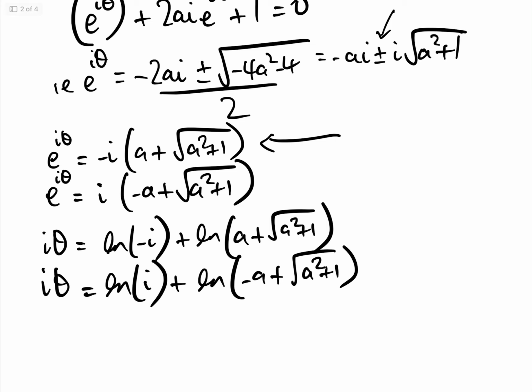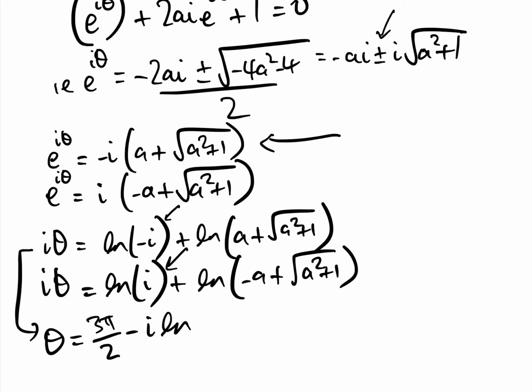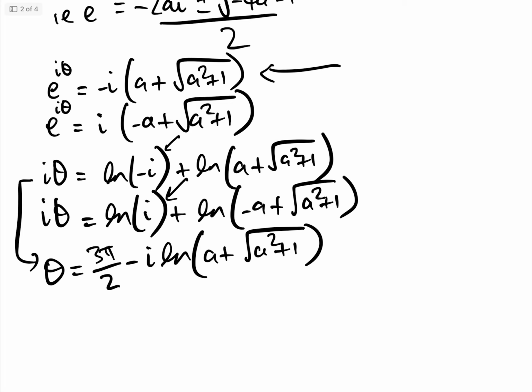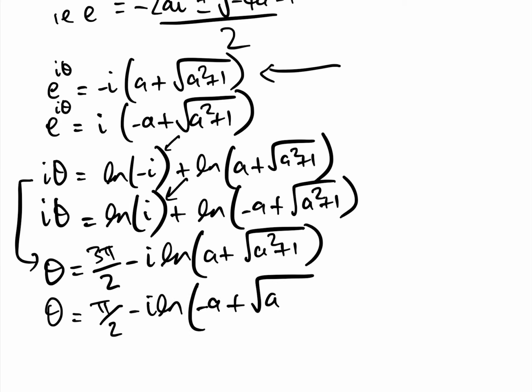And so now dividing by theta and converting the two logs that we've already done previously, we get that theta equals 3 pi over 2 minus I log a add root a squared add 1. That's one solution, and the other solution is theta equals pi over 2 minus I log minus a add root a squared plus 1. That's the other solution.